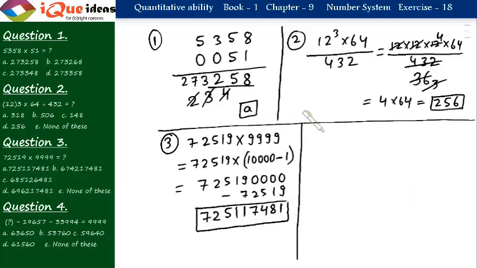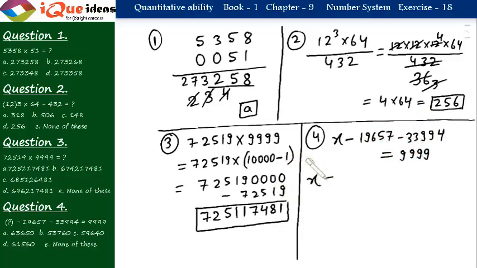Question number 4, it says question mark minus 19657 minus 33994 is equal to 9999. Alright. So let's say x is the value in place of question mark. So it is x minus 19657 minus 33994 is equal to 9999.